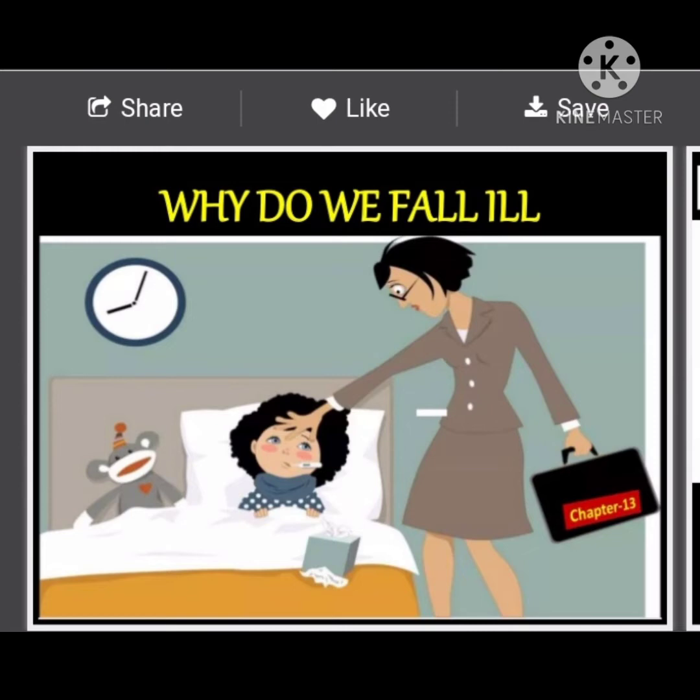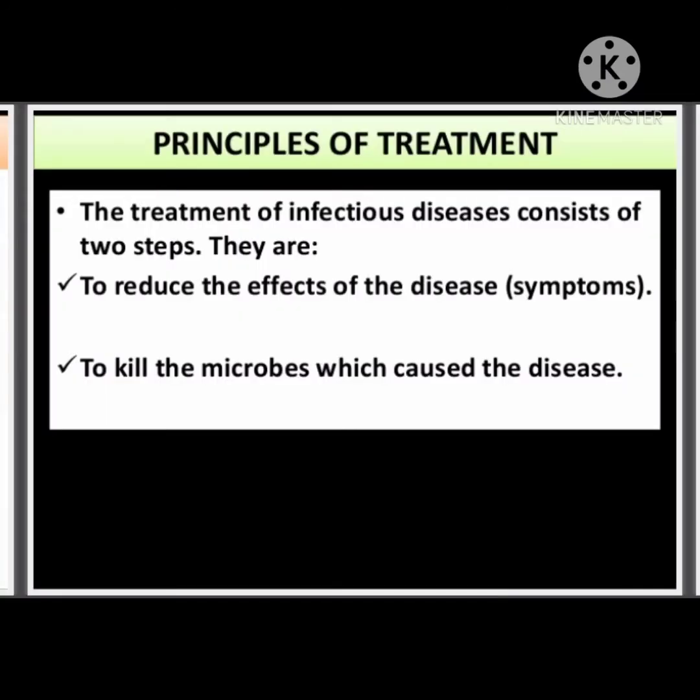Okay, so mainly there are two ways to treat a disease, especially an infectious disease. The first one is to reduce the effects of the disease, or we can say it is first aid.